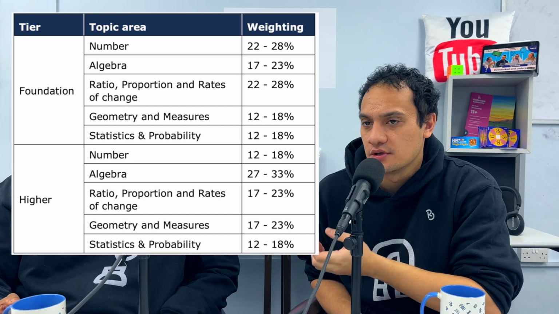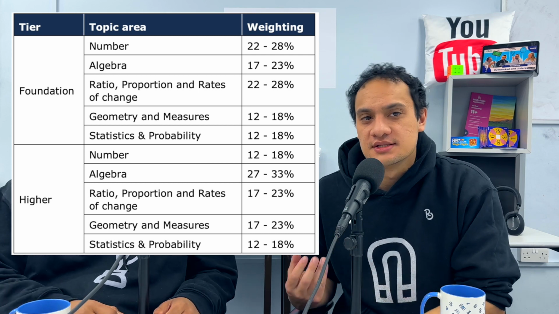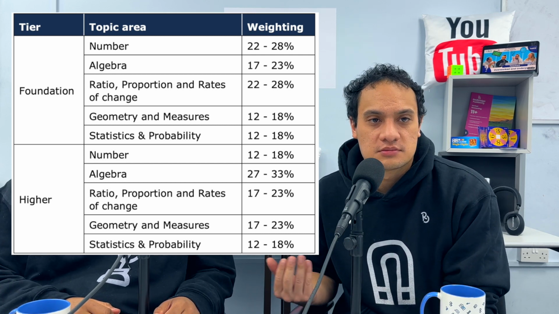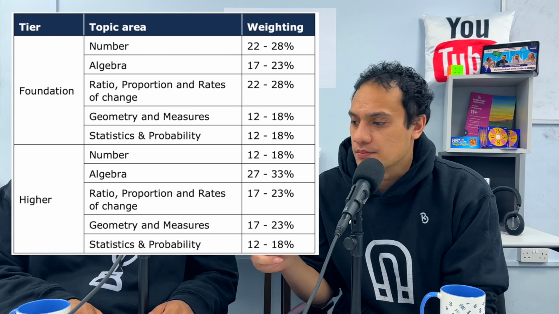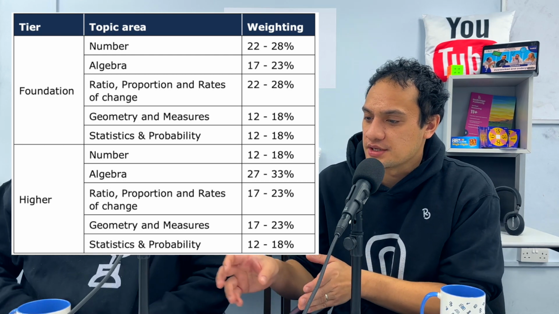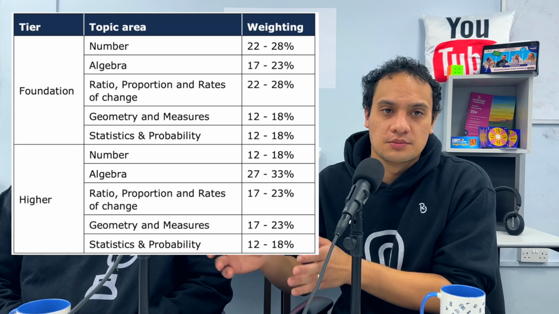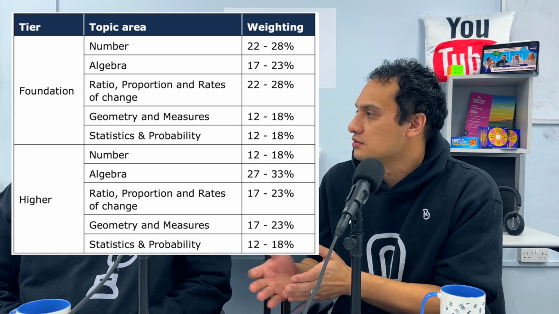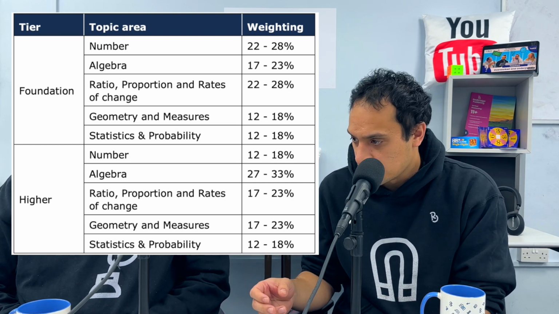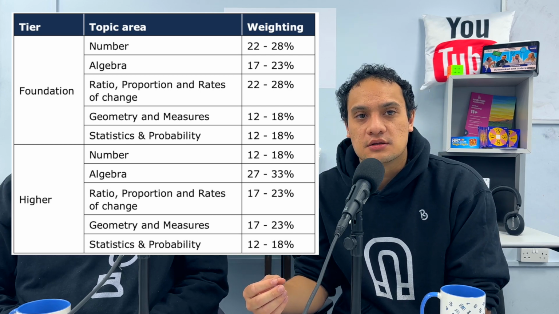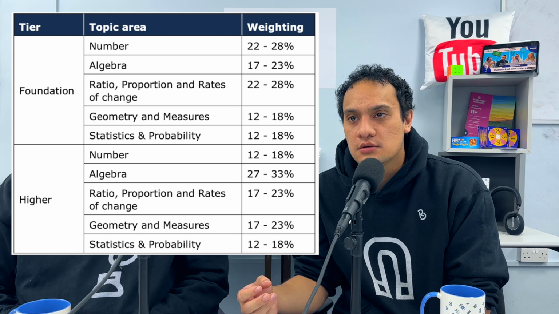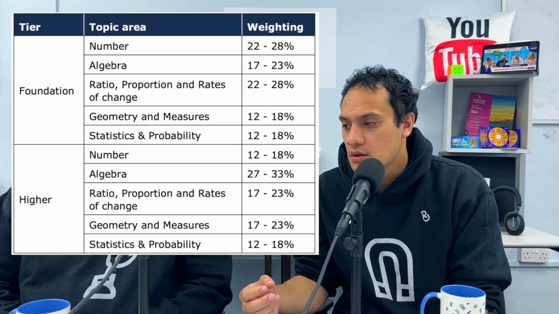Number is given more emphasis in the foundation paper, which makes sense because a lot of the higher students are concentrating not so much on calculation but on the more theoretical side of maths. Then you've got a difference in algebra, because that's more articulated in the higher paper than in the foundation paper.